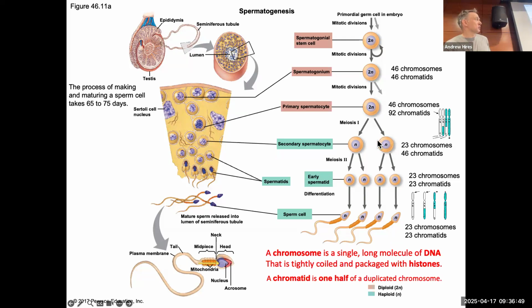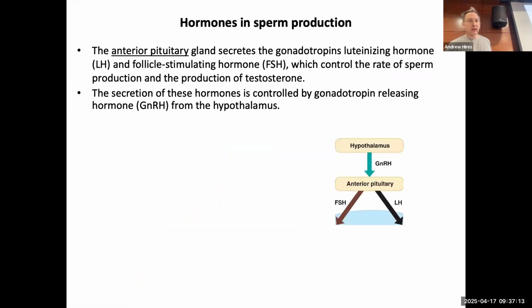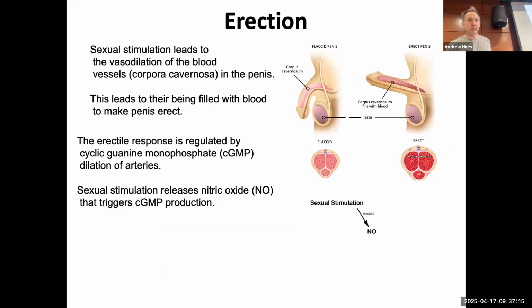Those chromosomes will then assort, so half of the chromosomes go one way, half go the other way, but they're still duplicated. Then to make the final gametes, you're going to split those chromosomes into two chromatids, one into each of the sperm cells. That's a question that came up during the Q&A session.